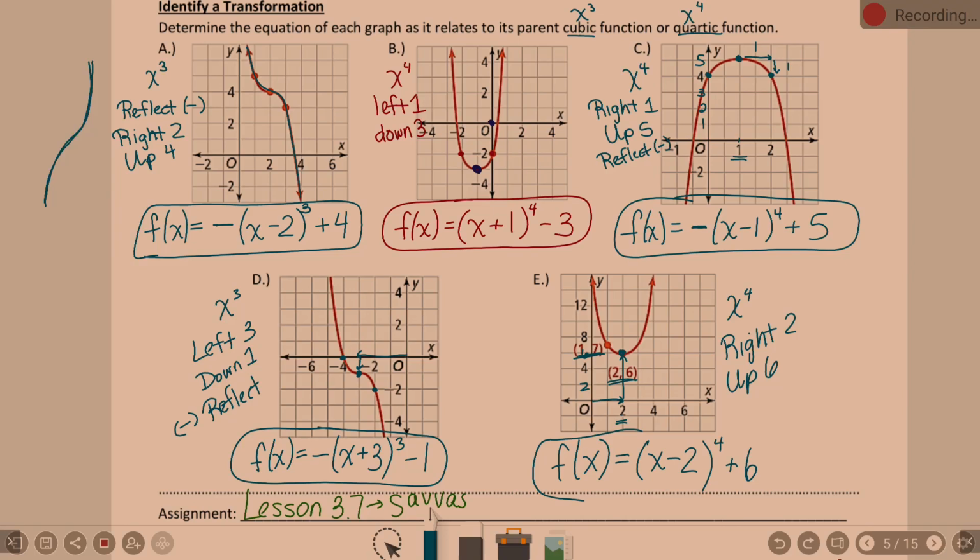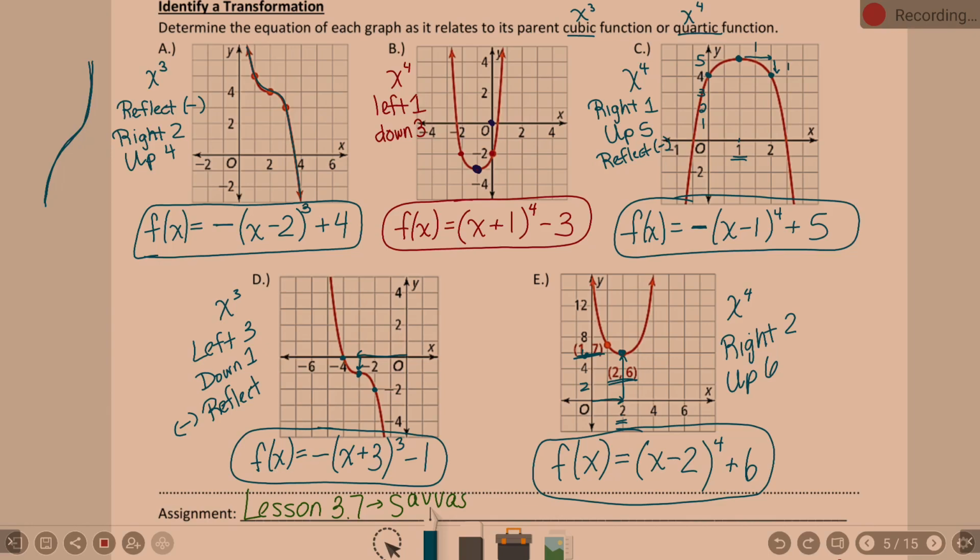And here's what I always do: at the end I stop and analyze. Does this make sense? Does this tell me what I think it should tell me? Minus 2, does that tell me right 2? Plus 6, does that tell me up 6? Does it say x to the fourth? You know the pieces here. You can do this. With these equations you have to be careful. Look at the pieces, but this is very doable.